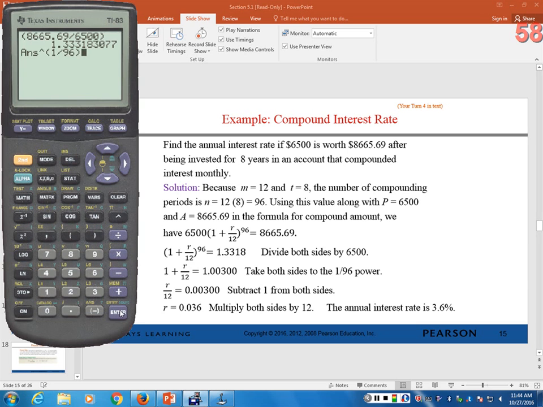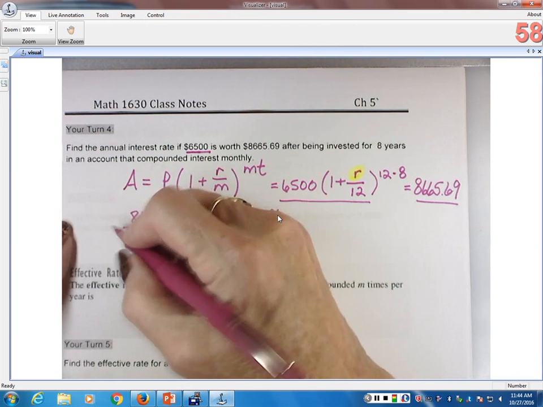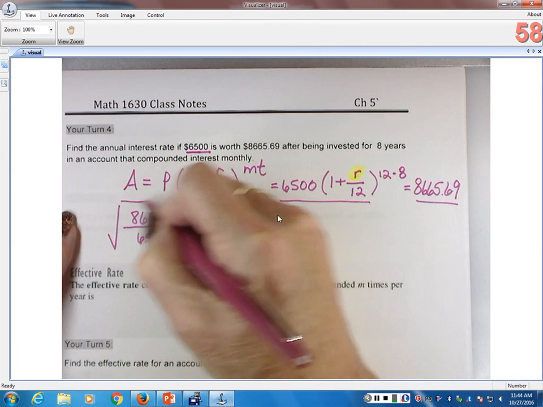Now, basically, that's the same thing as saying I'm going to take the square root of both sides of the equation, except this time I'm taking the 96th root, because the power is 96. So here's what I'm doing, so you'll understand what's going on here.